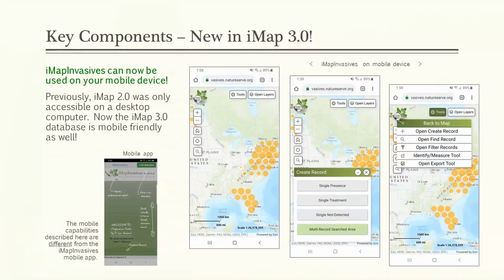The app is a separate entity from the database, but it is a tool that links so that you can use it to submit data to the database itself. What I'm referring to here is the actual online version of the database that is accessible both on a desktop computer as well as a mobile device.